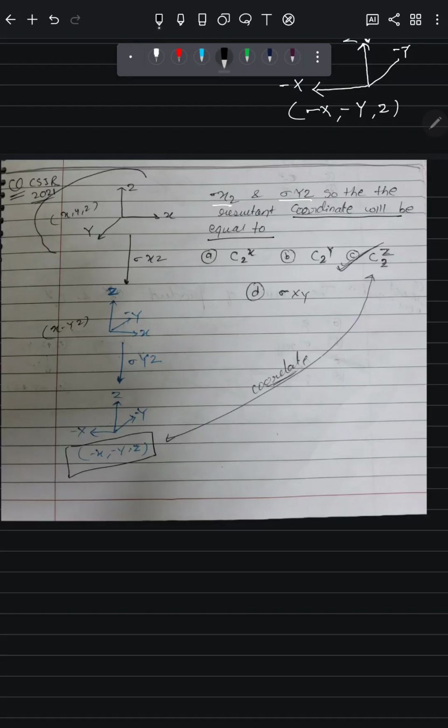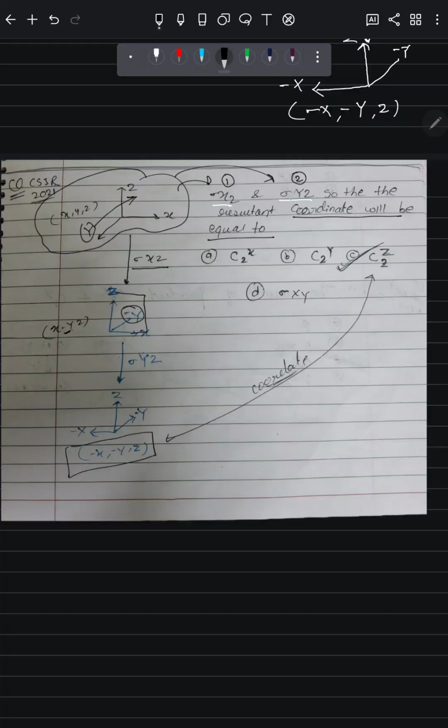In this diagram we put all this process, what will be the final coordinate of this molecule. If you put sigma xz first, this is given first and this is second. If we put the xz plane along this plane, y will go from behind. So if you put this plane here, then y will become minus y. This is the final coordinate here.